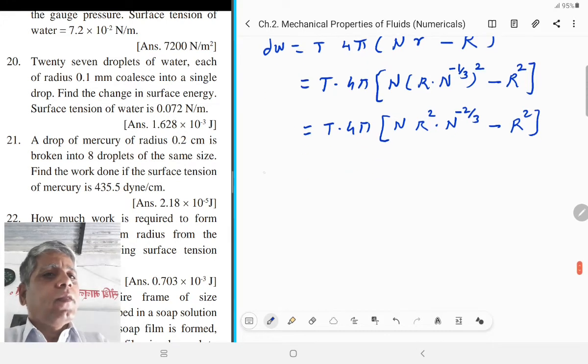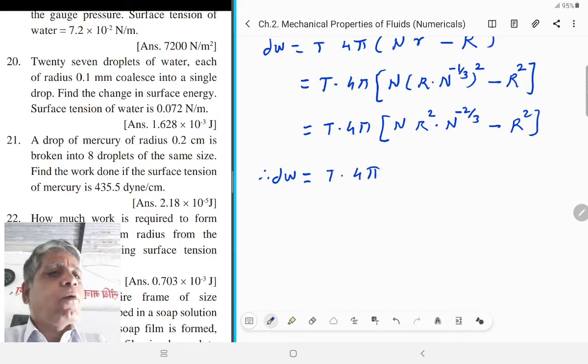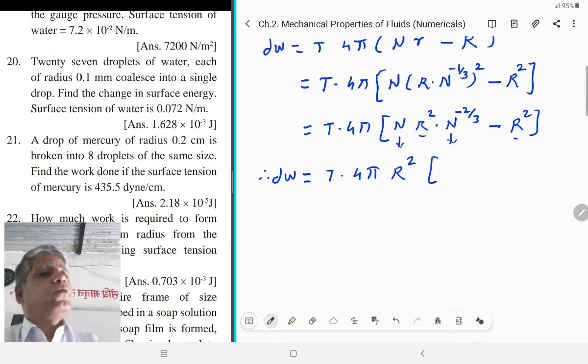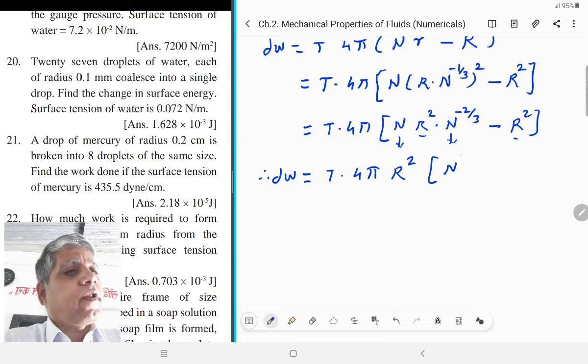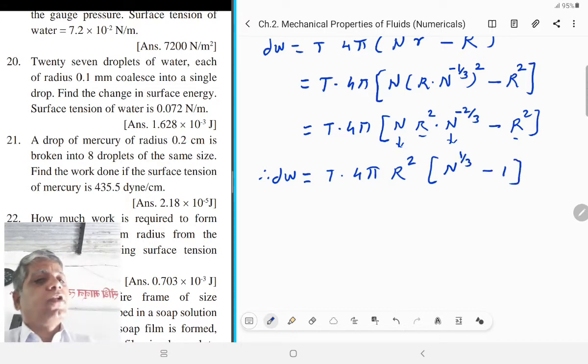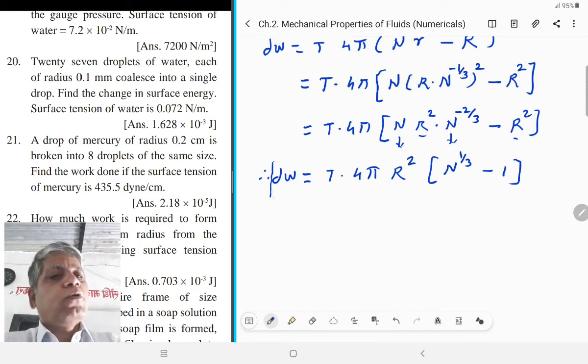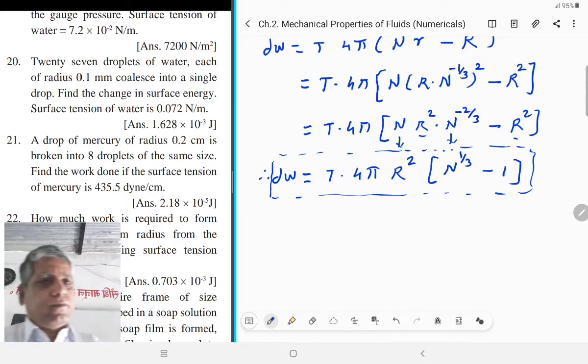Therefore, work done dW is equal to T into 4 pi, R square gets common here, R square into bracket n into n raised to minus 2/3, that is n raised to 1/3 minus 1. This is the general formula. Remember this formula to solve such numericals.